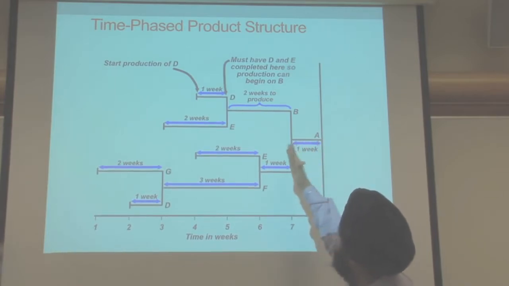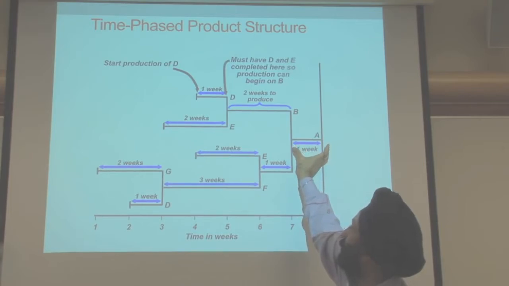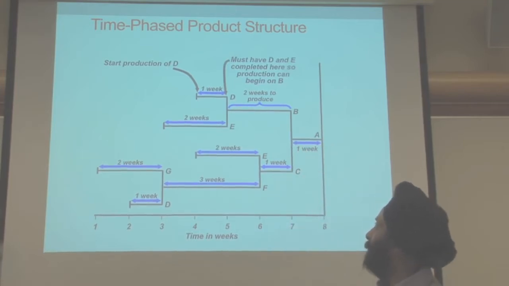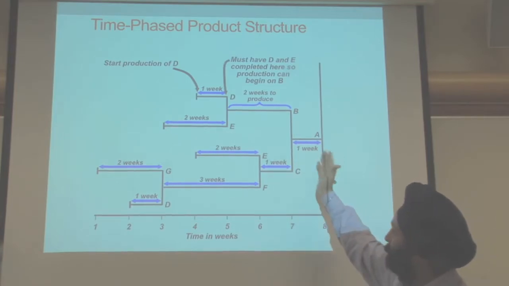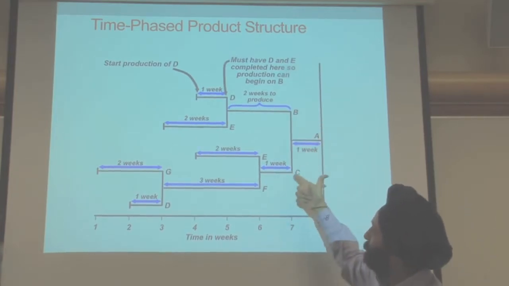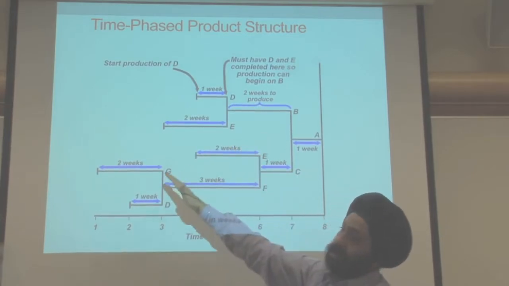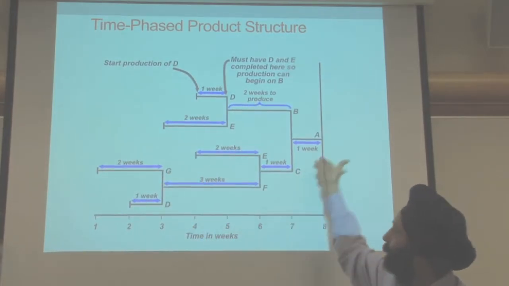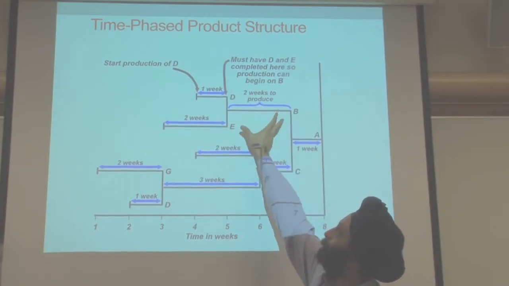And then one can start looking at exactly how much time. So if it takes 1 week to assemble A, once you have all the ingredients B and C available to you, then we can put that line and then create. So if you turn this around 90 degrees, you'll see it is the same product structure tree. But now these lines are indicated by how long it takes to produce a certain item.